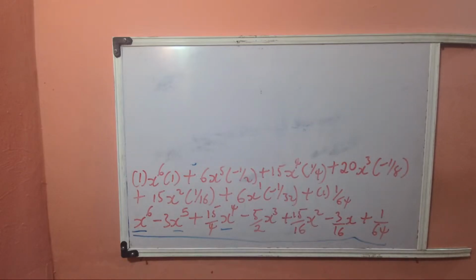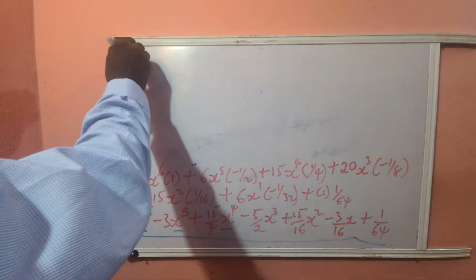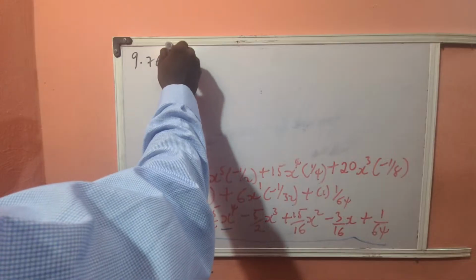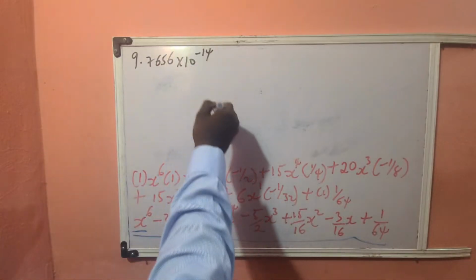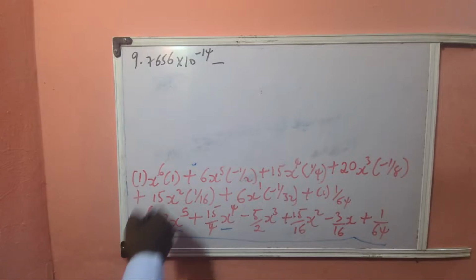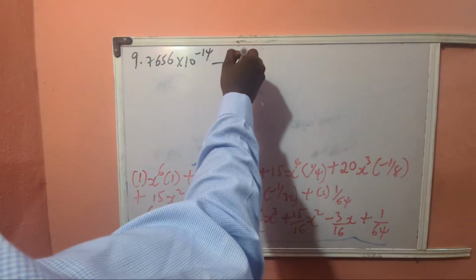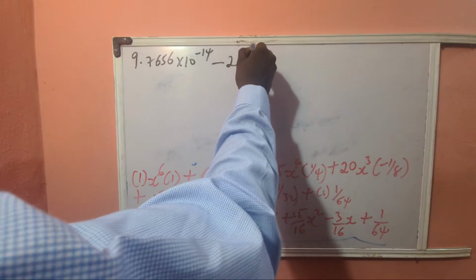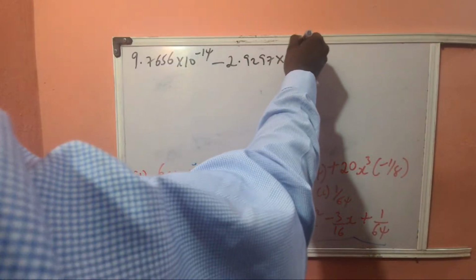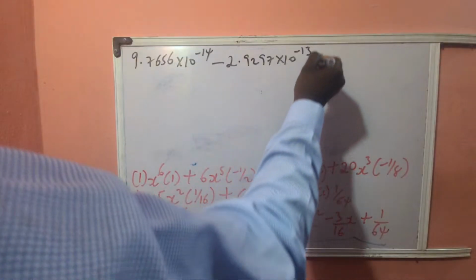What you're going to do there is multiply by this 3. So you have 9.7656 times 10 raised to the power minus 14, minus, when you multiply the value you got when you fixed in x as 1 over 400 raised to the power 5 times 3, you're getting a value of 2.9297 times 10 raised to the power minus 13.